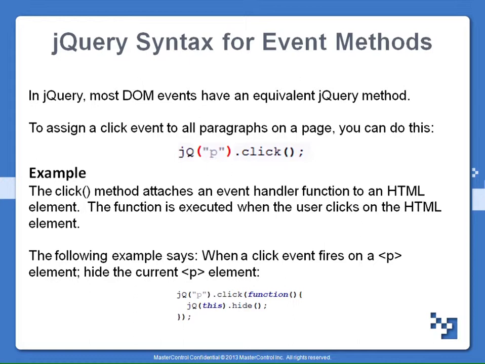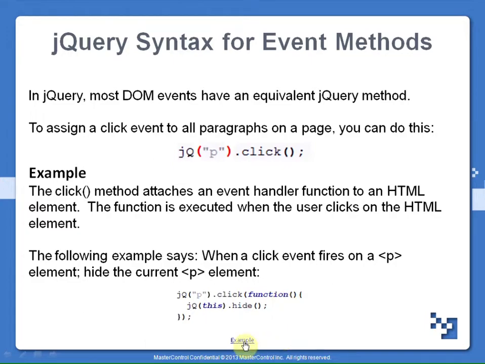So using this, let's say I've got 5 p elements on my form. When I click on one of them, I only want the one I clicked on to hide. I don't want all 5 to hide. So that's where the this comes from. Basically, the thing you clicked on passes itself into the function. Okay, so that's how this works.